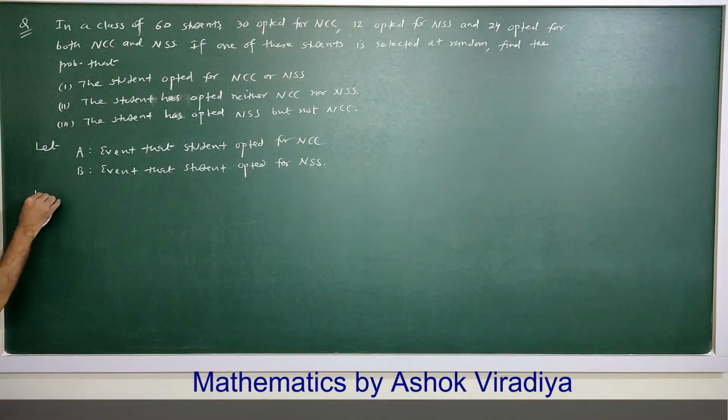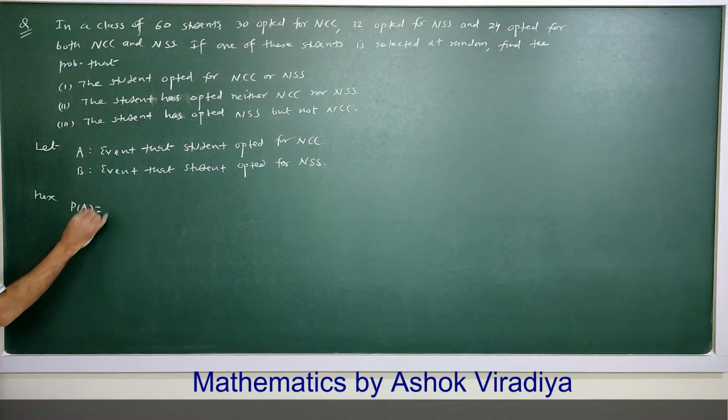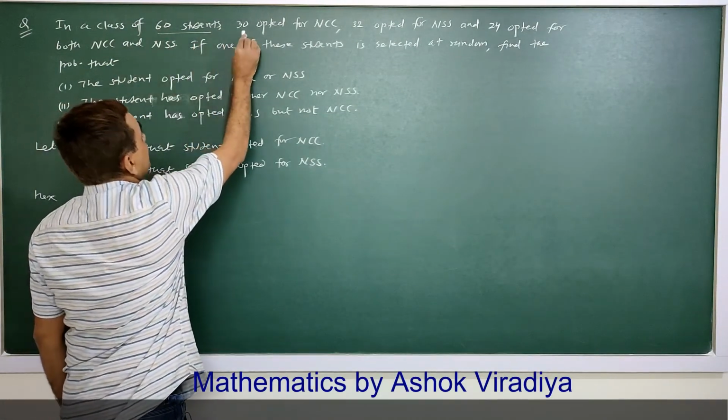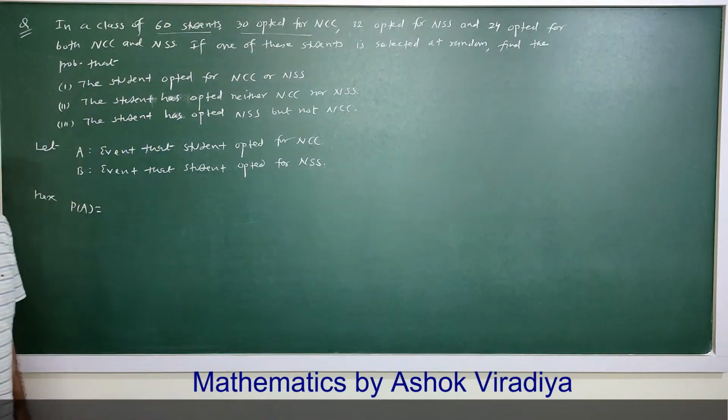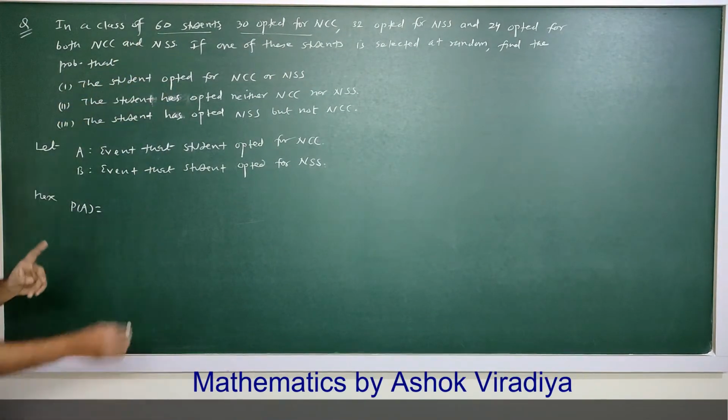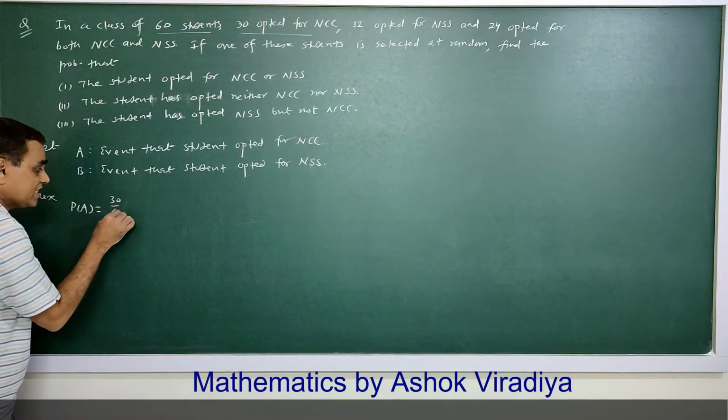Now see the values. Probability of A: out of 60 students, 30 opted NCC, so 30 by 60.